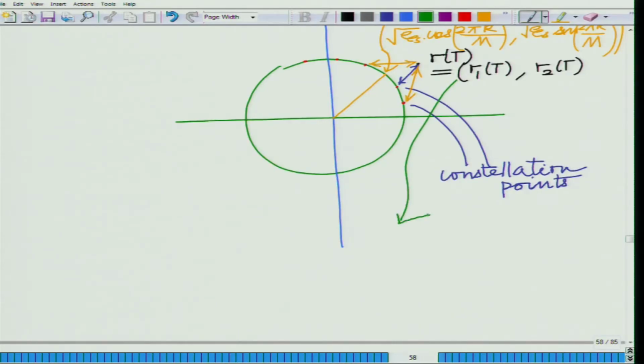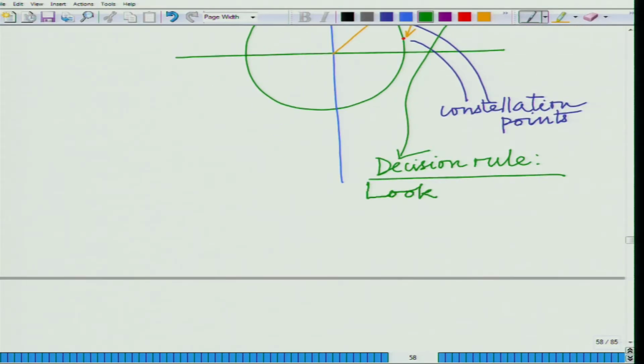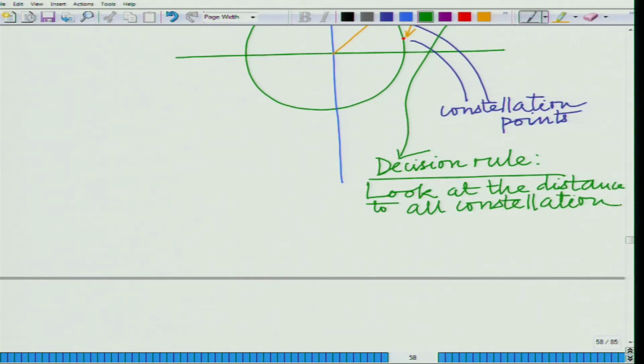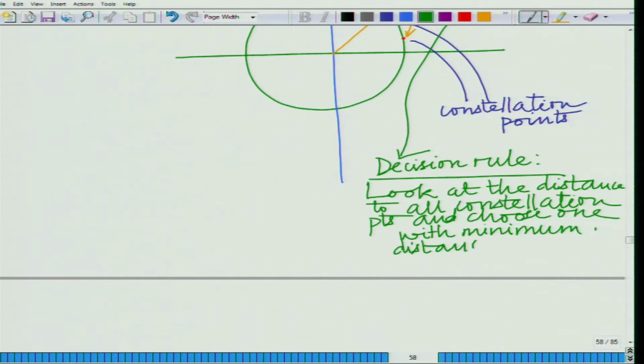So, the decision rule is to look at the distance to all the constellation points and choose the one with minimum distance. That is the interesting aspect.